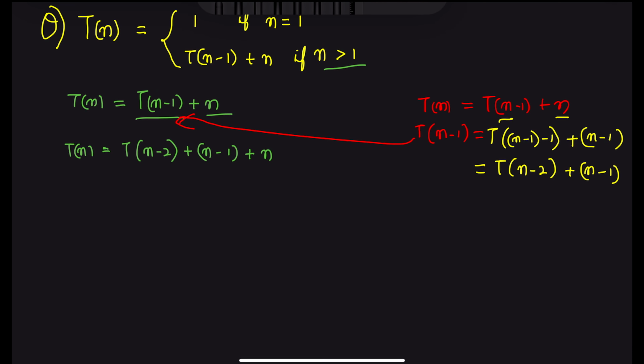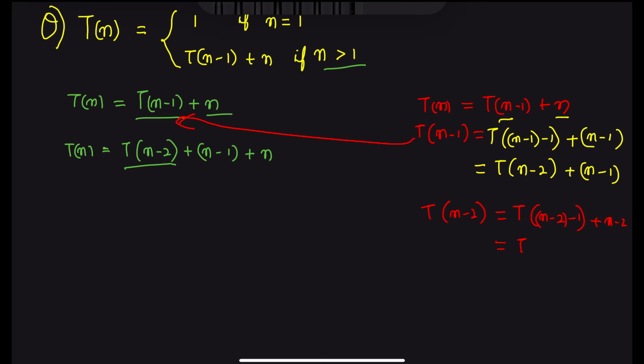Now let's find the value of T(n-2). Here we will write T(n-2), which will equal, substituting the value here, T(n-2-1) + (n-2).